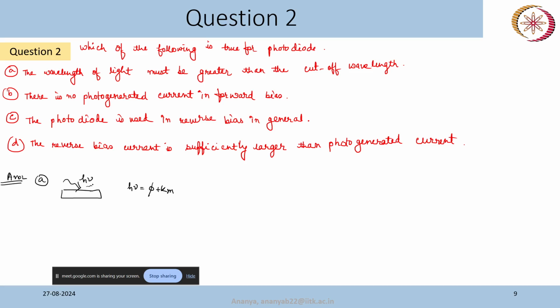So if an electron is ejected from here, it is removed, then Km is the kinetic energy of these electrons. So phi is the work function, or energy required to remove an electron.